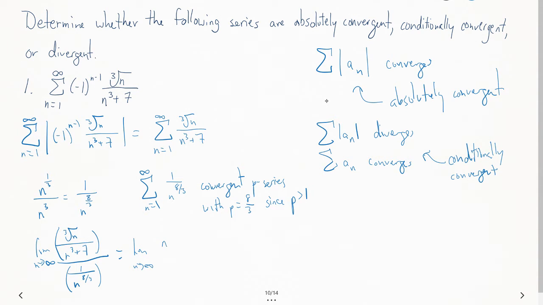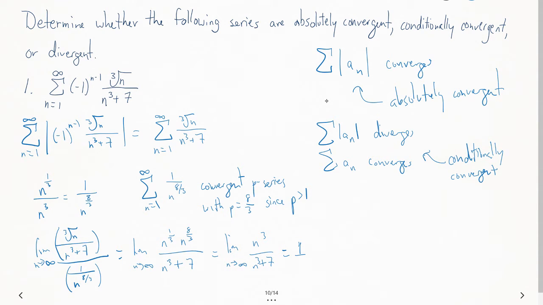Notice this is n to the 1/3 and this is n to the 8/3, all over n cubed plus 7. And at the end of the day we get n to the 9/3 because you add the exponents, but n to the 9/3 is just n cubed. So you get the limit as n goes to infinity of n cubed over n cubed plus 7. Well, that limit you can just go and take L'Hopital's, 3n squared, and then this just becomes 1.